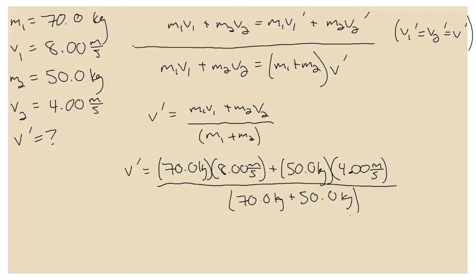All right, so 7 times 8 is 56, so that's going to be 560 plus 200 over 120. And when you do that math, rounding the answer to 3 significant figures, 760 over 120 is 6 1/3, 6.33 meters per second. And that's it.